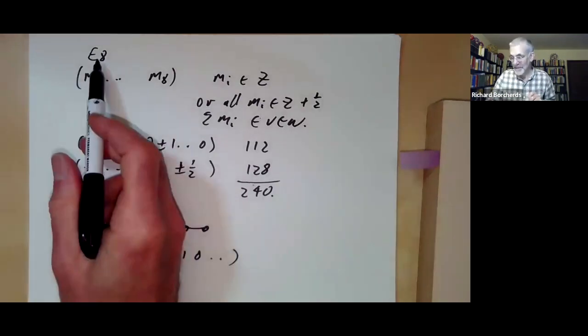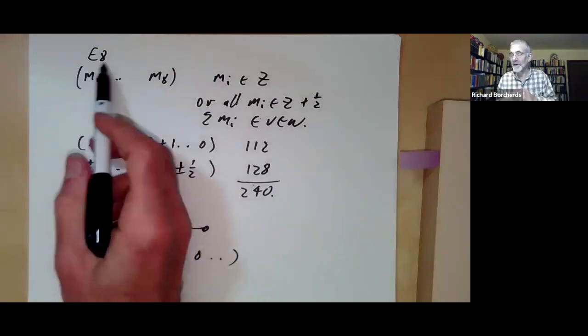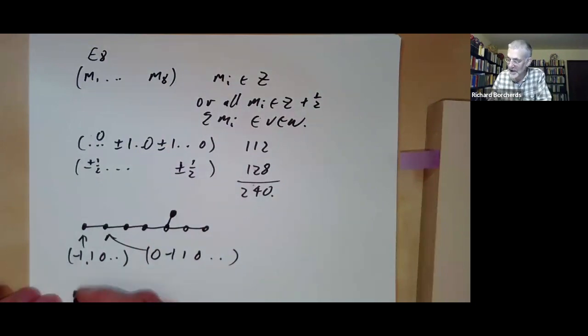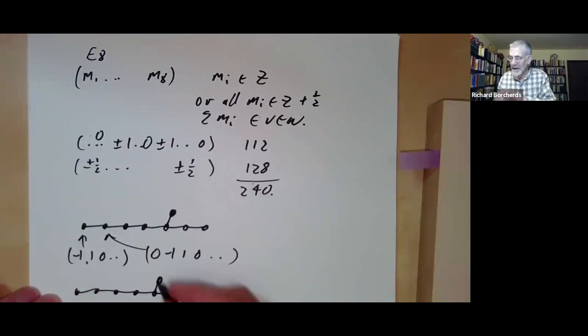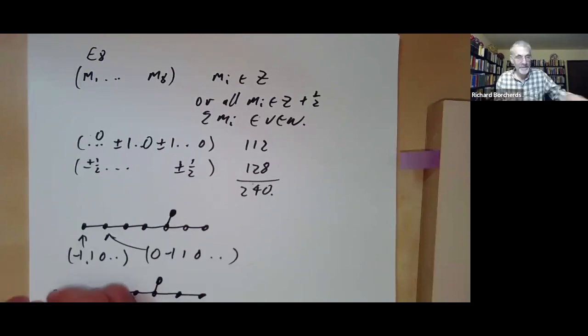This corresponds to a certain Euclidean reflection group, and the Euclidean reflection group has a Coxeter diagram that looks like the E8 reflection group, except you add in one extra point.